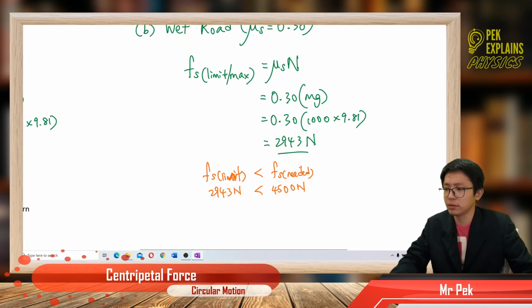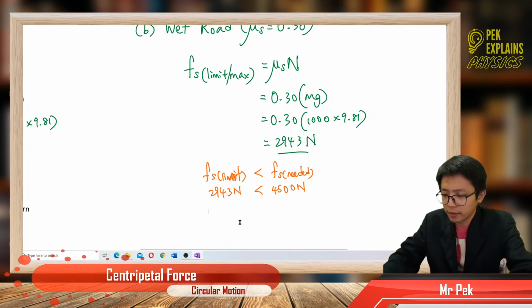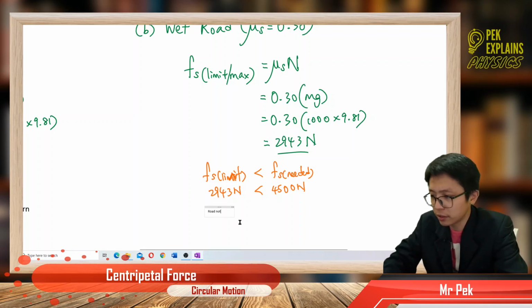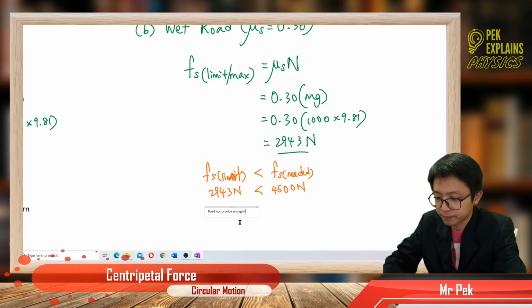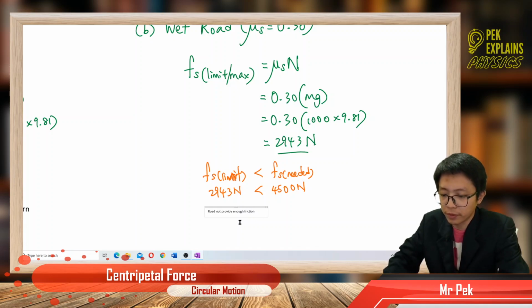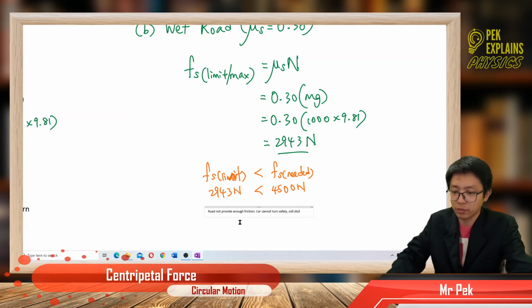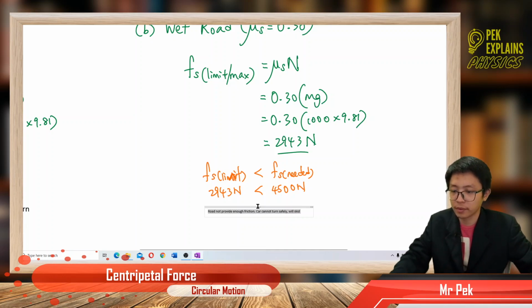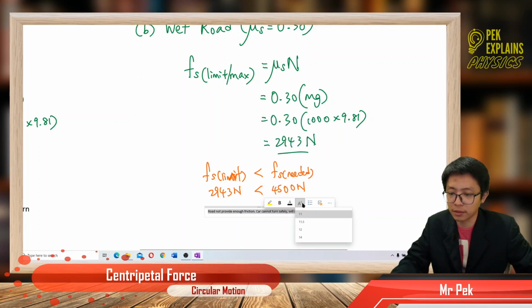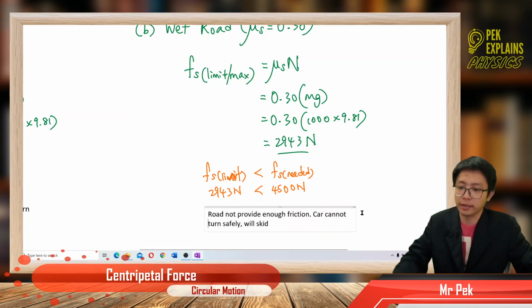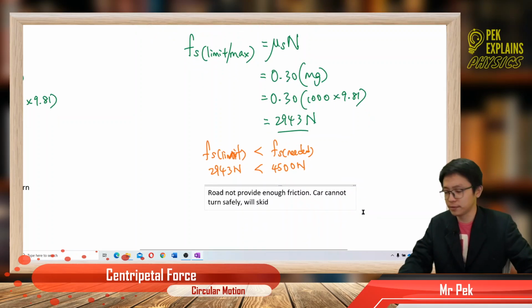So the road does not provide enough friction, so the car cannot turn safely. It will skid, it will slide across the road. Okay, so let's make the words bigger. All right, so that's the conclusion.